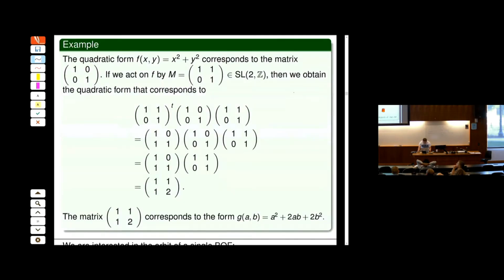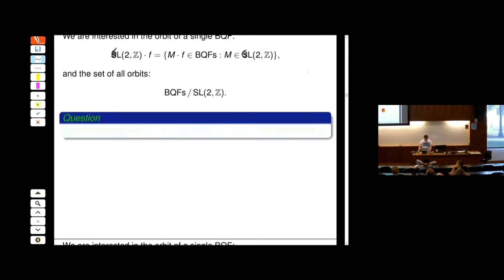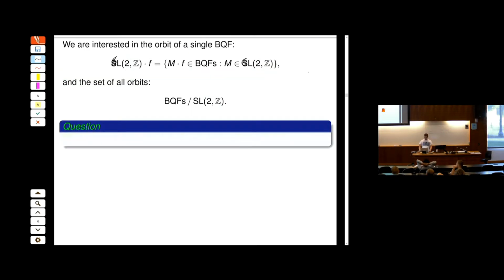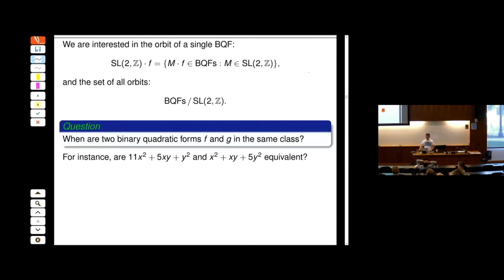I got out of whack. Hold on. All right, let's try that. Okay, so then we're interested in seeing what is the set of all orbits that you get when you act in this way?